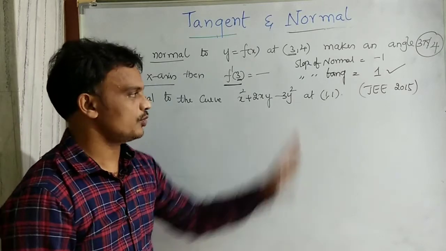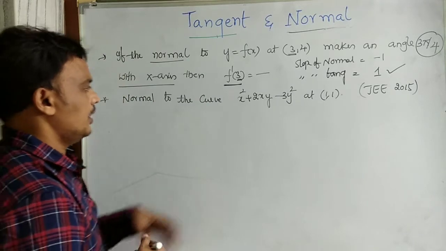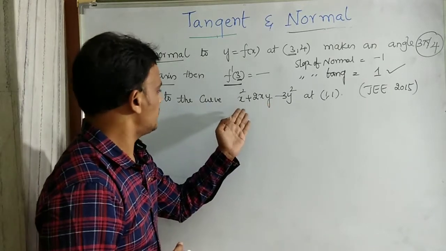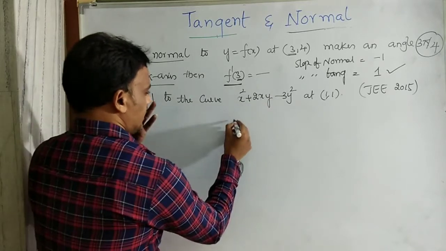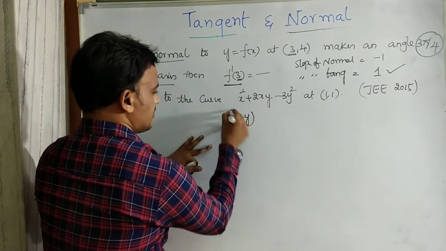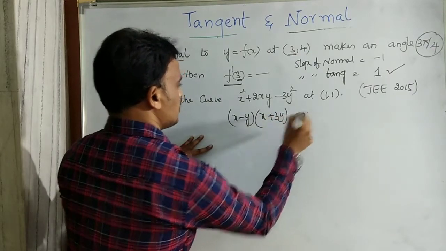This is from JEE 2015. Let us see. It is nothing but a pair of straight lines. You can split this one like this: x minus y into x plus 3y equals 0.